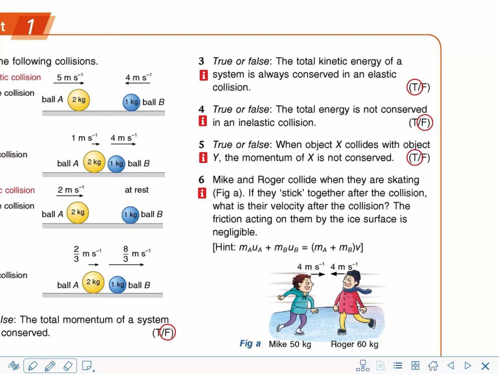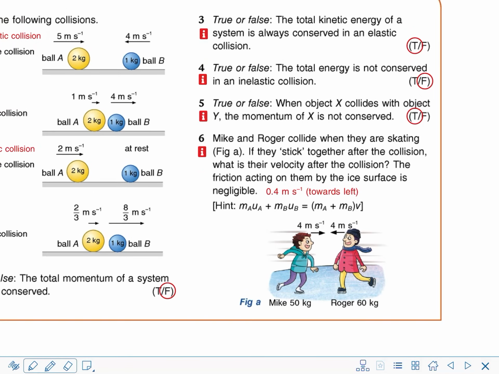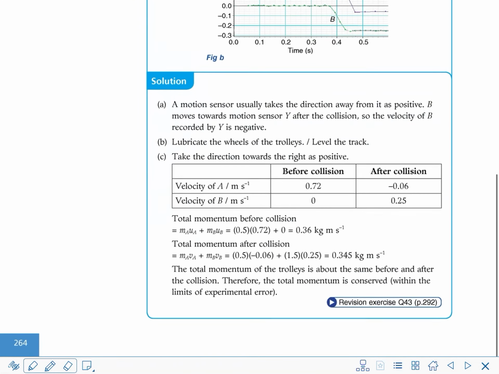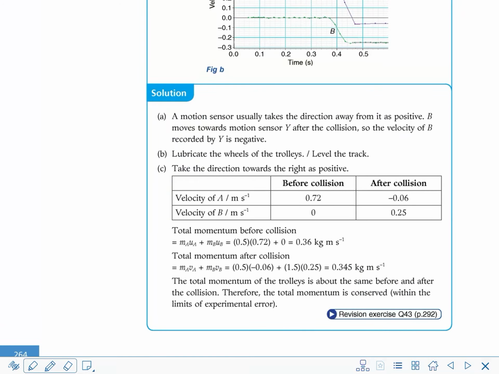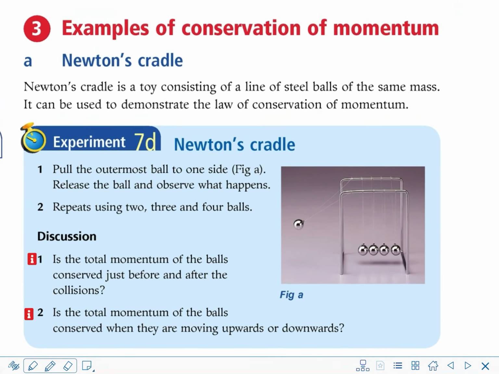In a collision, X may be slowed down. Also you can apply the law of conservation of momentum to find the answer. Maybe you have a try and check the answer. This is one example.